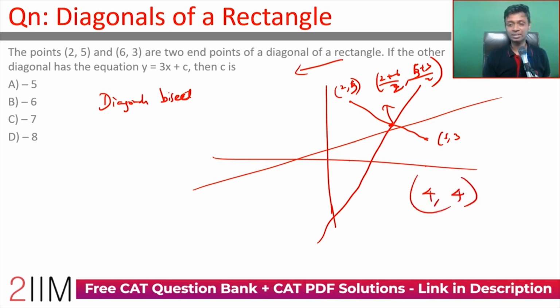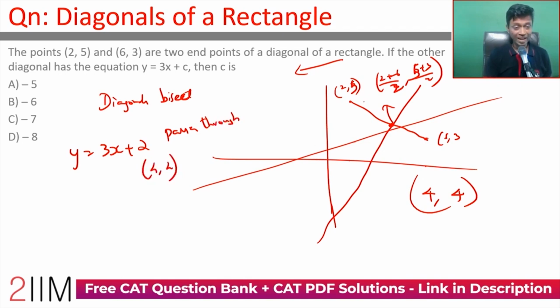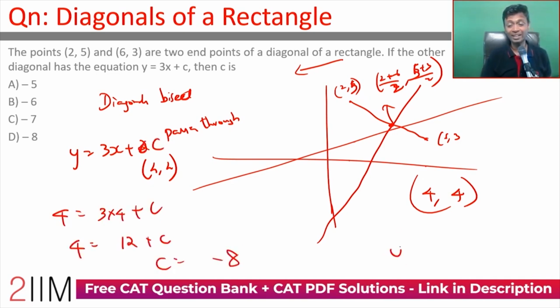So this equation, y equals 3x plus c, passes through the wonderful point 4, comma 4, which is the midpoint of the other diagonal. Or you substitute x equal to 4, y equal to 4, this should be satisfied. 4 equals 3 into 4 plus c, or 4 equals 12 plus c, c should be minus 8, or we are looking at the equation y equals 3x minus 8.